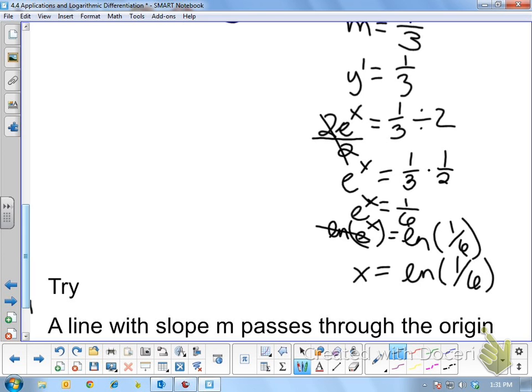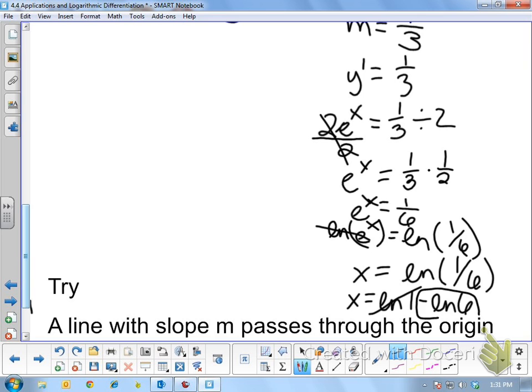It would be the natural log of 1 minus the natural log of 6. And there's something else I should recognize when I do that. Natural log of 1 is 0. So now we know x equals negative ln of 6.